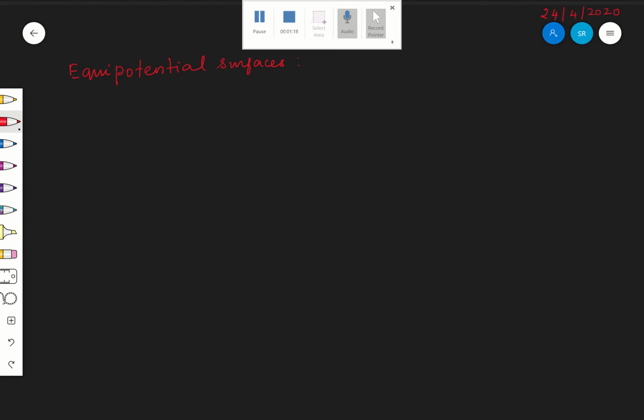By definition, you know that the potential difference between any 2 points in an electric field is defined as the work done in moving a unit positive charge from one point to another.